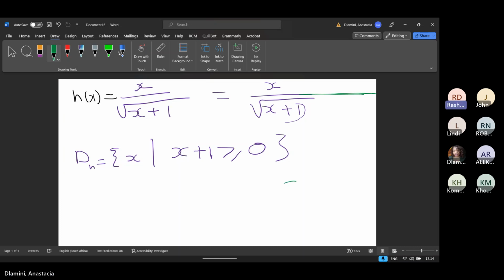Okay. Everything under the square root should be greater or equal to 0. Something is not right. Can someone tell me what is not right?